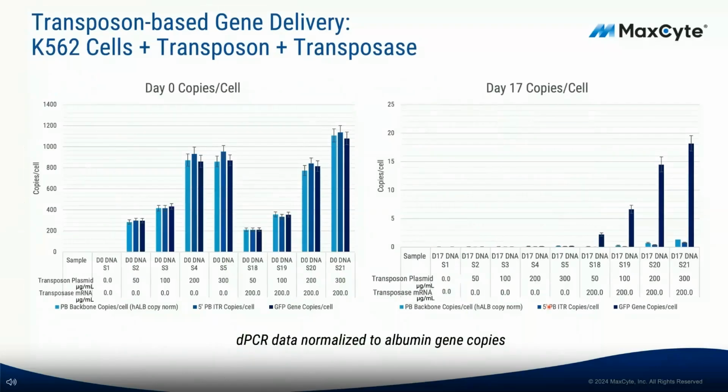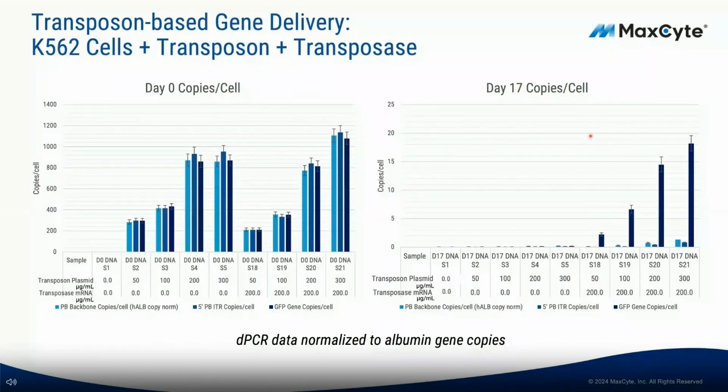And this slide is just quantifying the copy numbers of DNA in the cells at day 0 versus day 17. So you can see here with increasing amounts of DNA, whether that's without transposase or with transposase, you can increase the number of copies of DNA being delivered into the cell up to 800 to 1,000 copies per cell.